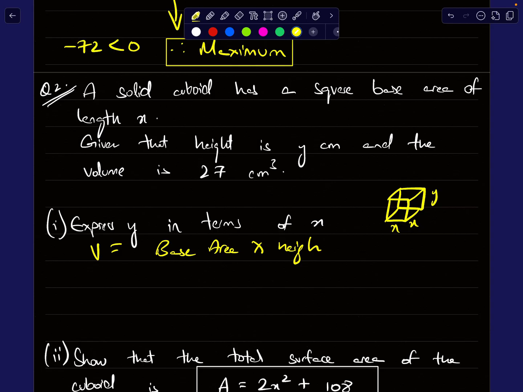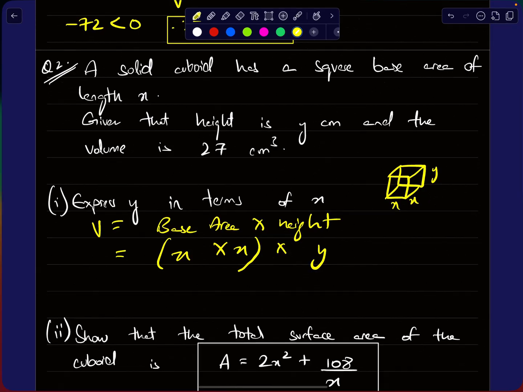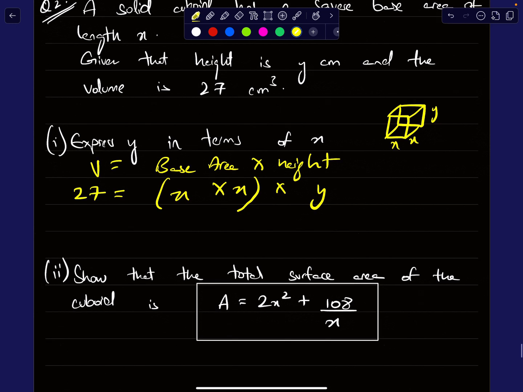Since the base area is a square, thus it's x into x into y, and the volume was 27. Simplifying this would give us the expression for y, which is 27 over x squared.